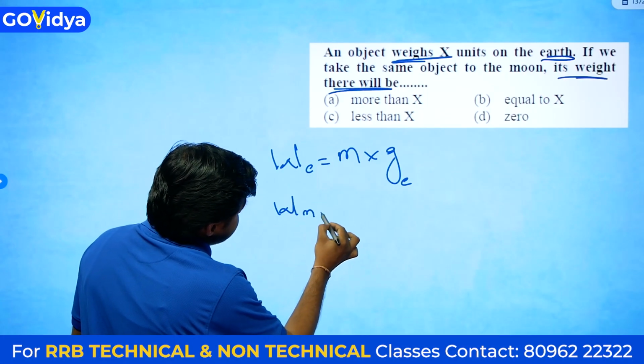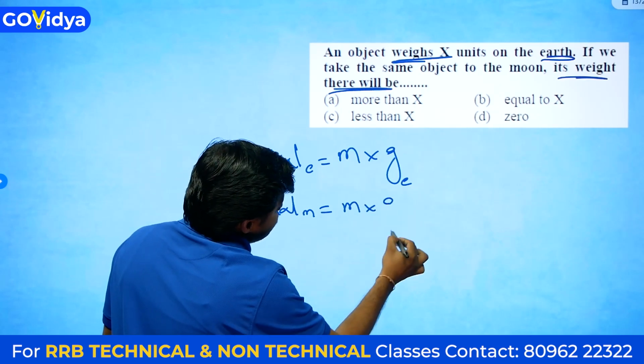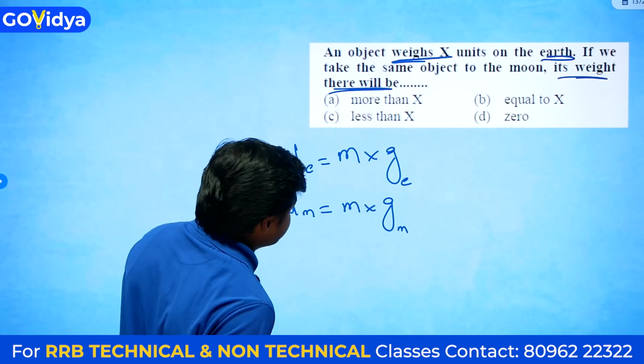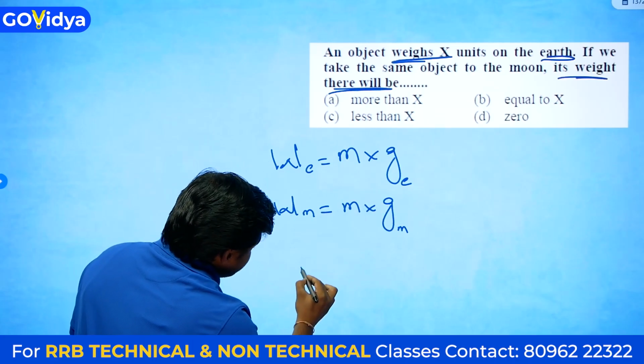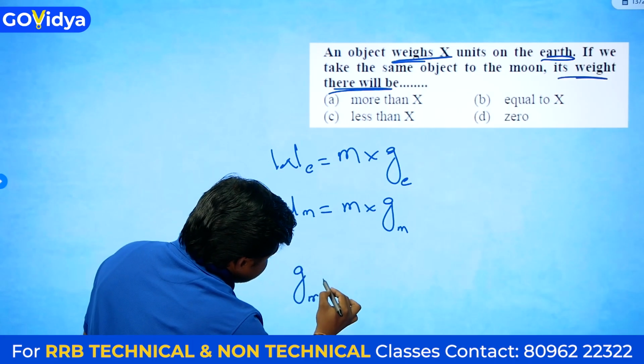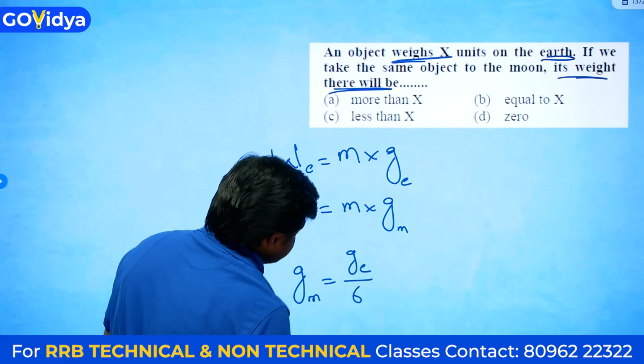On the moon, weight on the moon is equal to mass of the object into gravitational acceleration of the moon, okay. See, gravitational acceleration on the moon is 1/6 times of gravitational acceleration on the earth, okay.